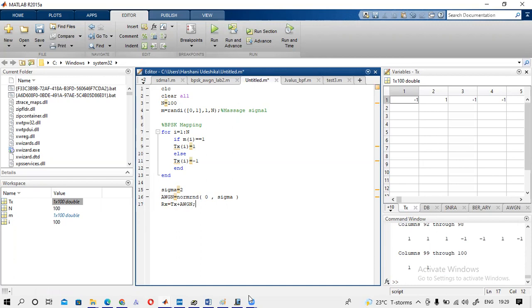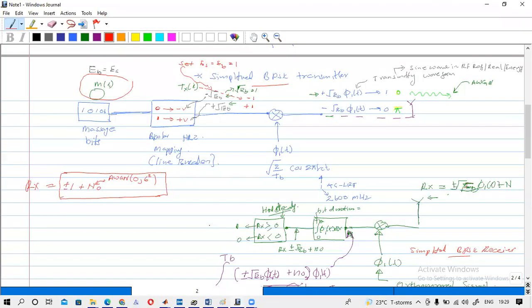Here, this plus or minus is my tx. So I have added some Gaussian noise, and this will be my received signal.